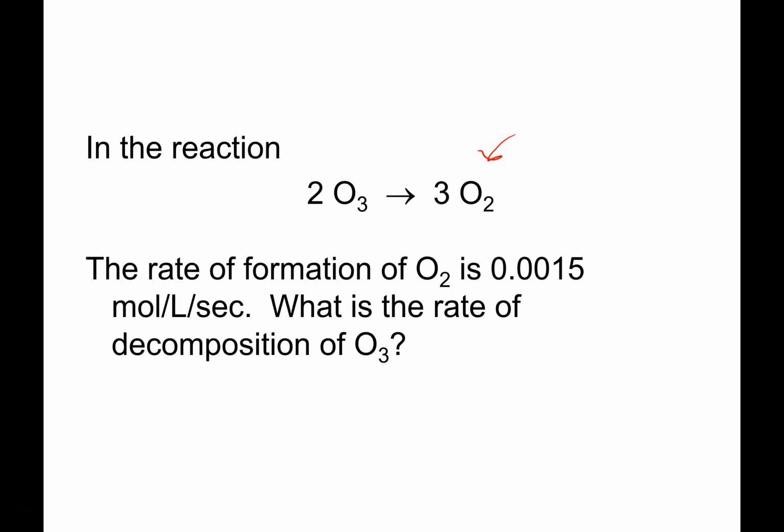Because I'm thinking through it. I'm going to unpack that for you if that's okay. I would unpack this information by saying the rate of change of O2. So I'd put the change in molar concentration of O2 over change in time is 0.0015 moles per liter or molar per second. It's just kind of how I like to do it.